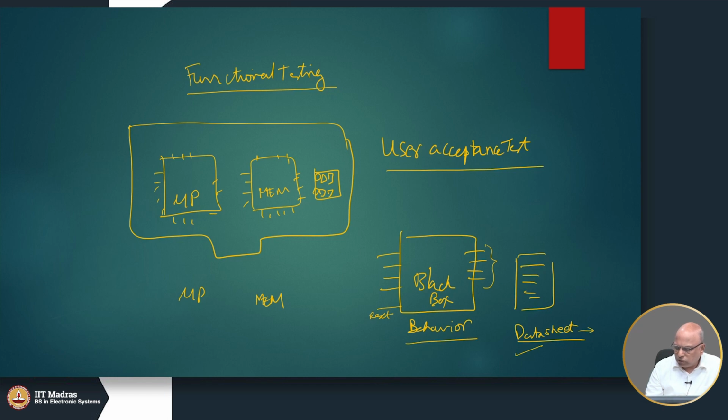You have not paid for all that. So, whatever we have discussed so far, all that comes under white box testing. We have been assuming so far that the gate level netlist is available to us.